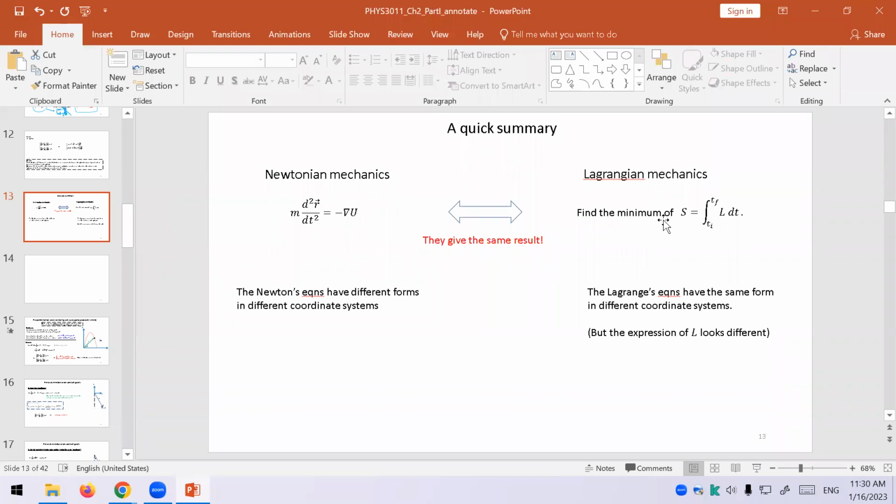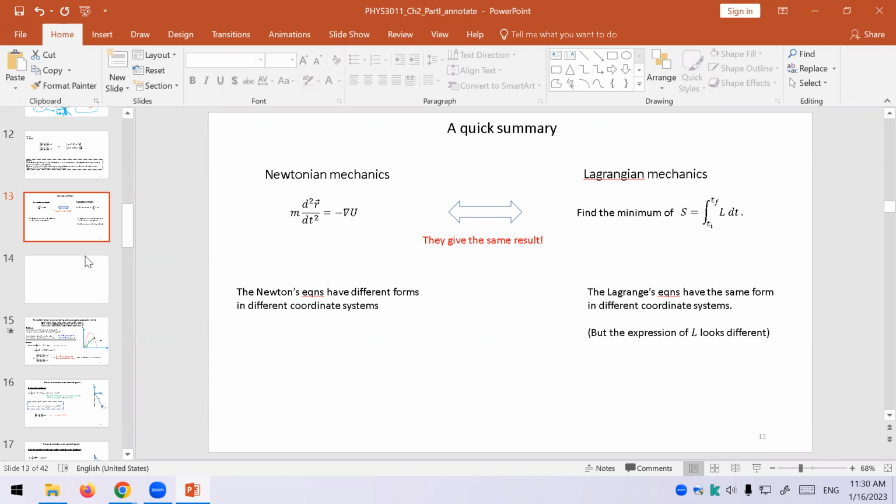Of course it will be a differential equation, and the differential equation that we obtain from this Lagrange equation of motion would be the same as what you get from Newton's second law.